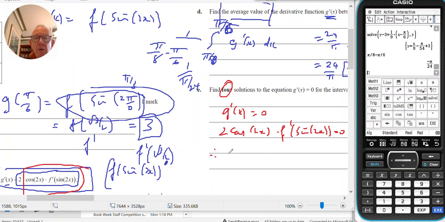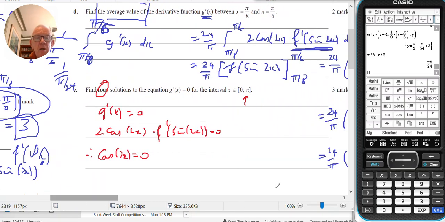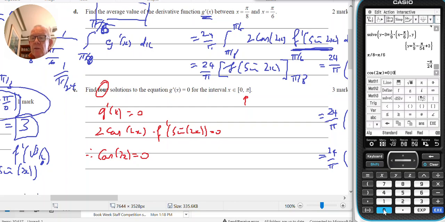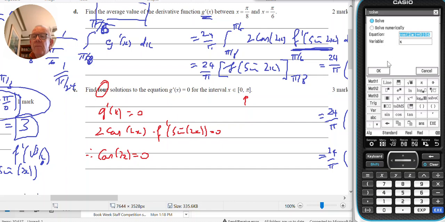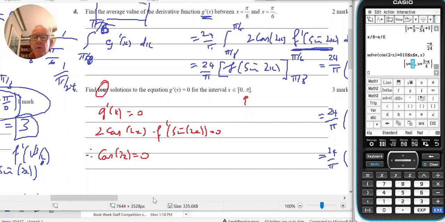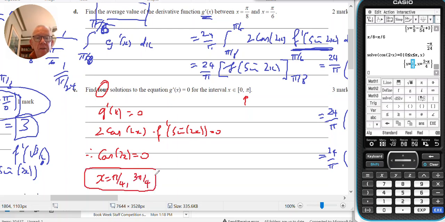Therefore, using the null factor law, cos of 2x equals 0 will give me one set of answers. So cos of 2x equals 0, x going from 0 up to pi, and solve for x. And that gives me pi on 4 and 3 pi on 4. They're 2 of the answers.